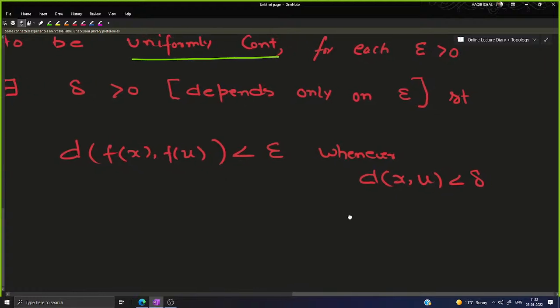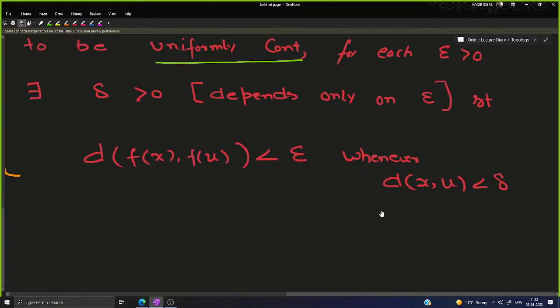और सिंपली आप कह रहे हैं कि जो रिक्वायरमेंट है फॉर अ फंक्शन टू बी यूनिफॉर्मली कंटिन्यूअस, वो ये है कि whenever distance between x and u is less than delta, that means whenever the points are sufficiently close, their images can be made arbitrarily close, because epsilon is arbitrary. So you can make the images arbitrarily close by taking points sufficiently close. तो uniformly continuous functions में इस तरह की चीज होती है.